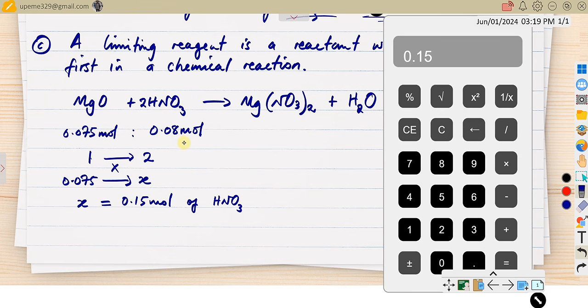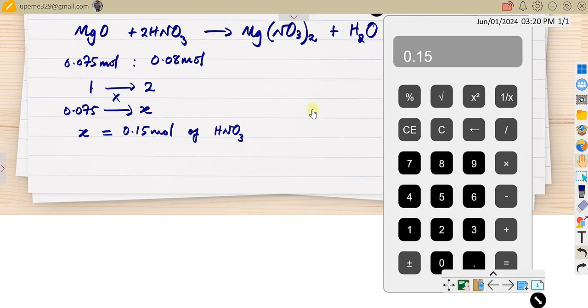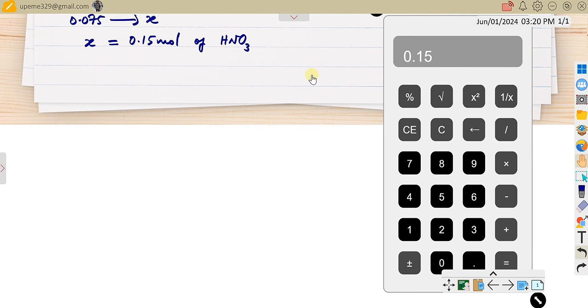So the logic is, if the moles you are given are less than the moles that will be needed by the reaction, then the reactant of that moles is a limiting reagent. So here now I'm going to put it in this way.